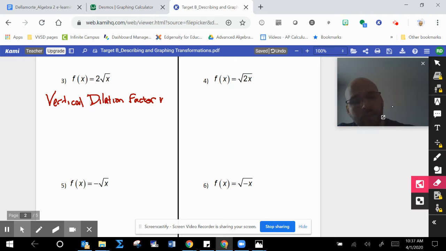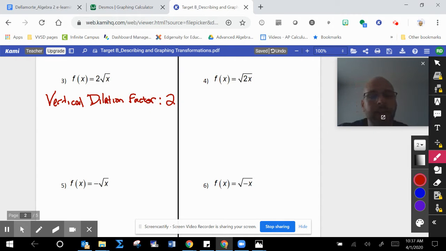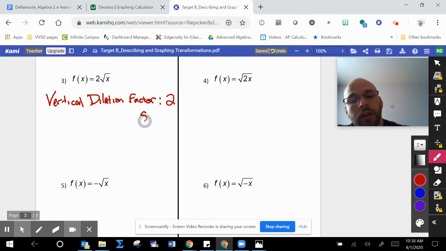And anytime that my dilation factor is a value greater than 1, we have to indicate whether it's going to be a stretch or compression. In this case, it's greater than 1. We know it has to be a stretch. Okay.